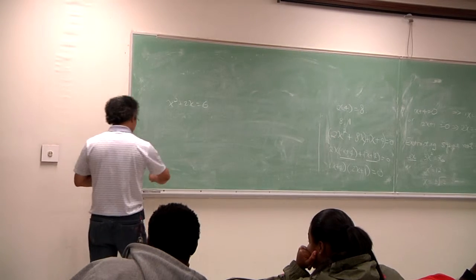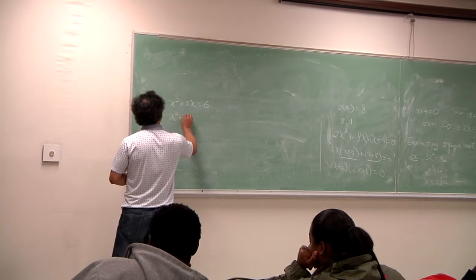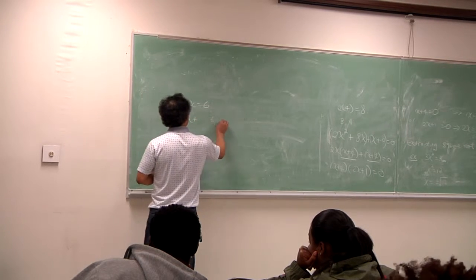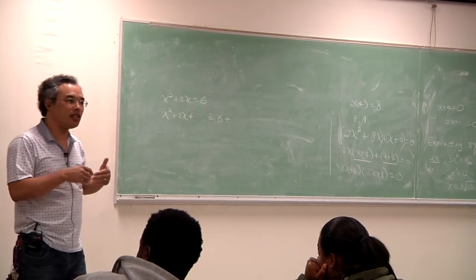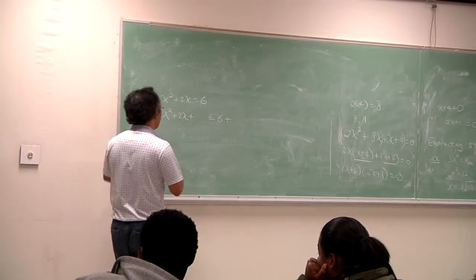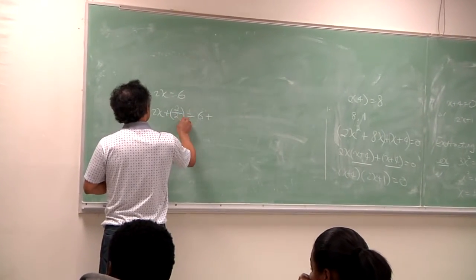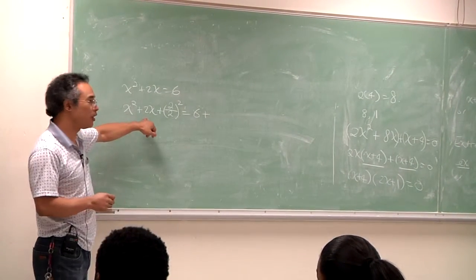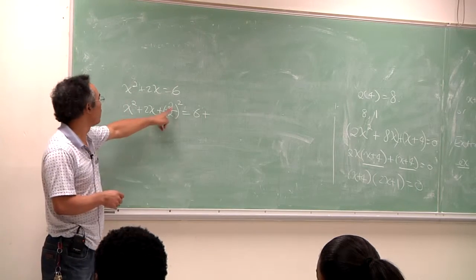We're going to add some numbers on both sides. And the number to add is 1. How do you get 1? You divide the coefficient of the linear term, which is 2, by 2.